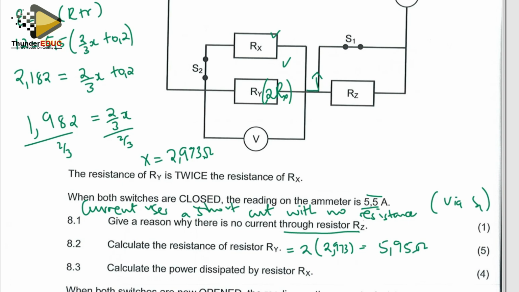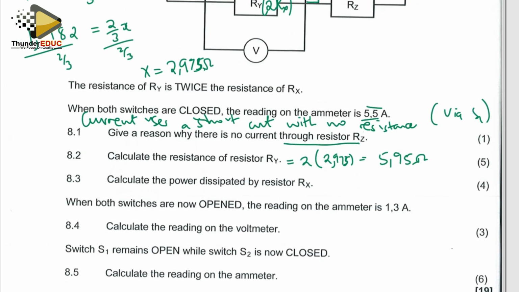Let's see again: 1,982, we are dividing it by 2 over 3. Oh, I did not use the bracket. So it is 2,975, which makes sense.